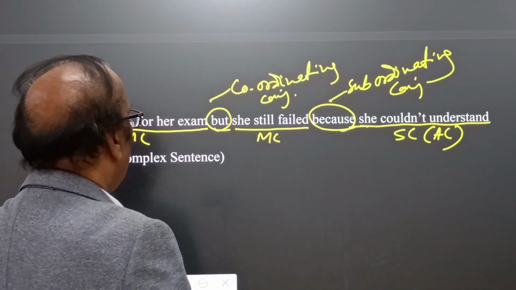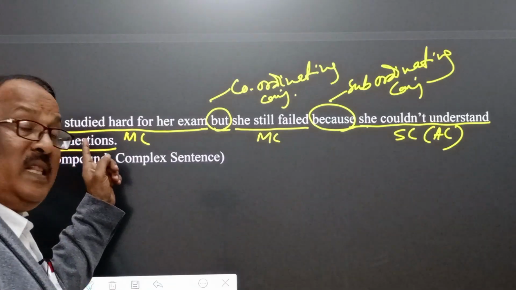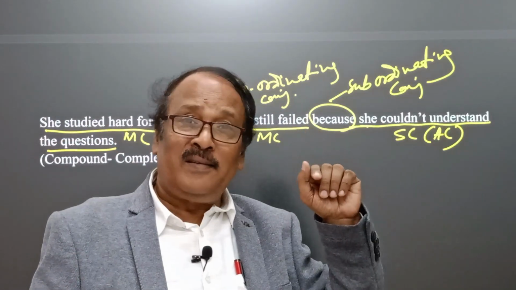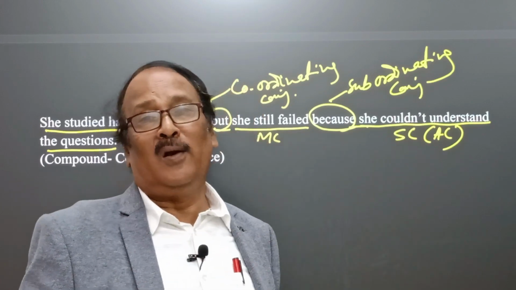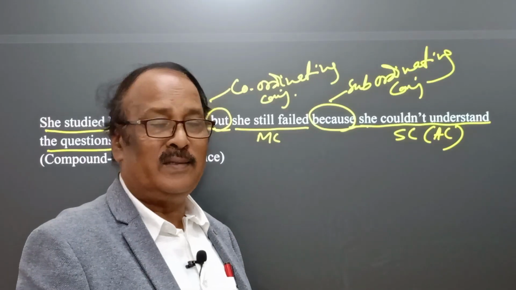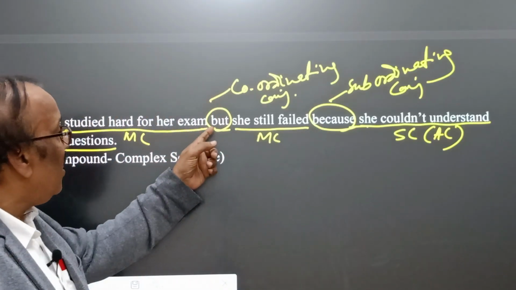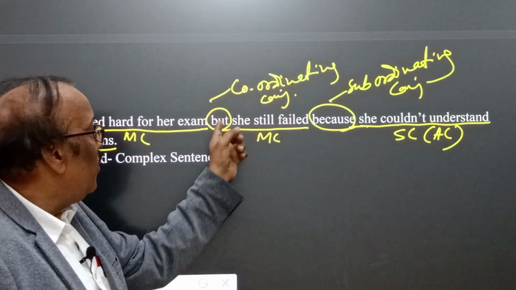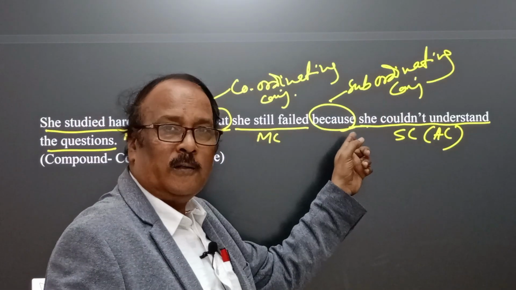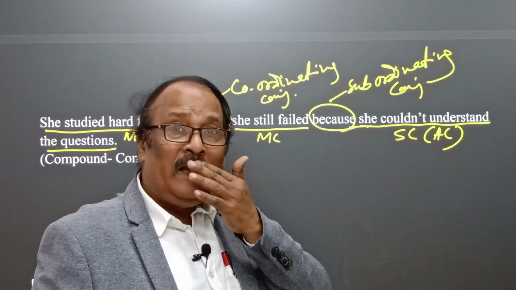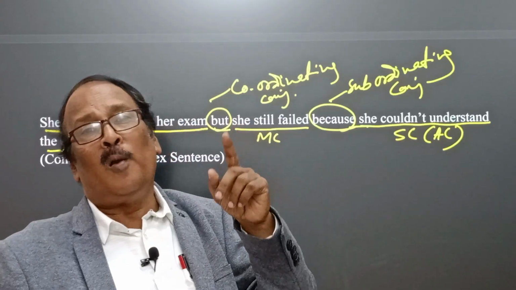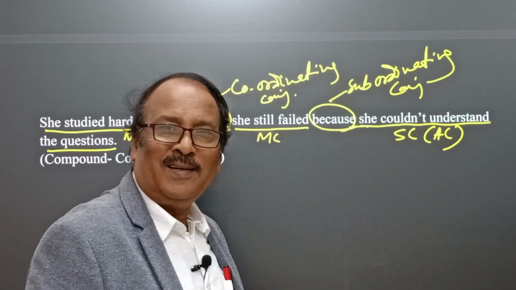So in this sentence we have two main clauses and one subordinate clause. Therefore, this is what we call a compound complex sentence. They are joined with the help of the coordinating conjunction "but" and the subordinating conjunction "because," which connect the three clauses to form a compound complex sentence.